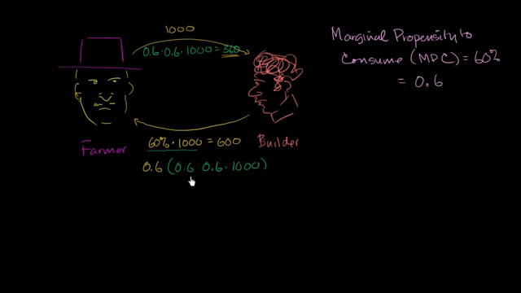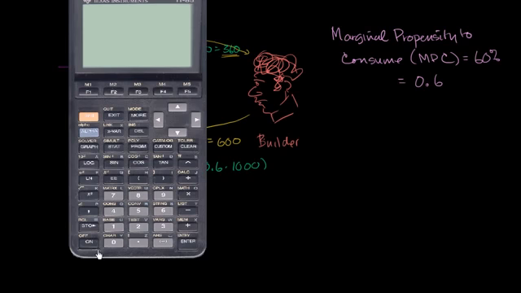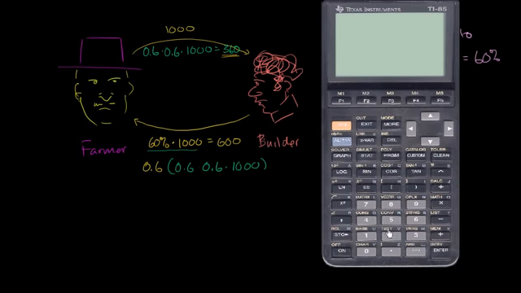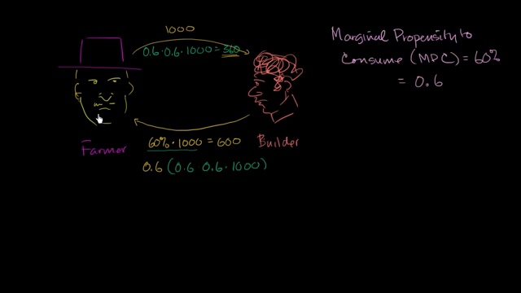I could get a calculator out to figure out what 60% of $360 is exactly. We could actually say 0.6 to the third power, and then I'm going to multiply that times 1,000. That gives us $216.